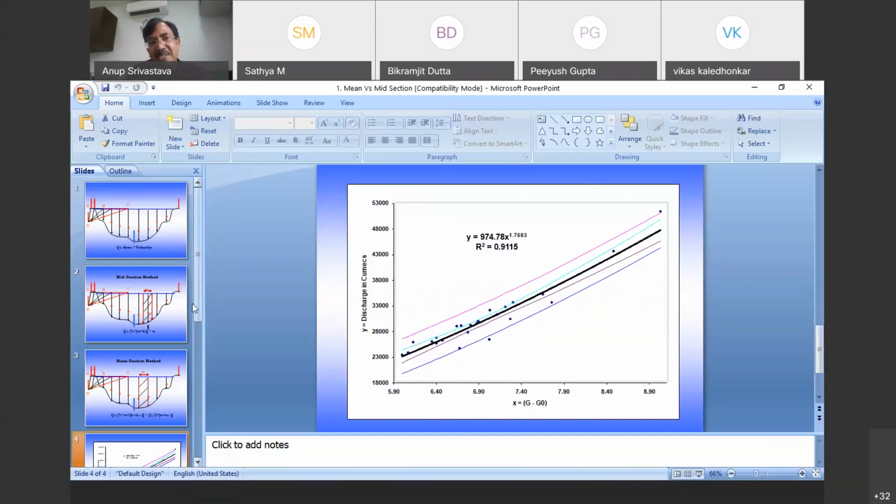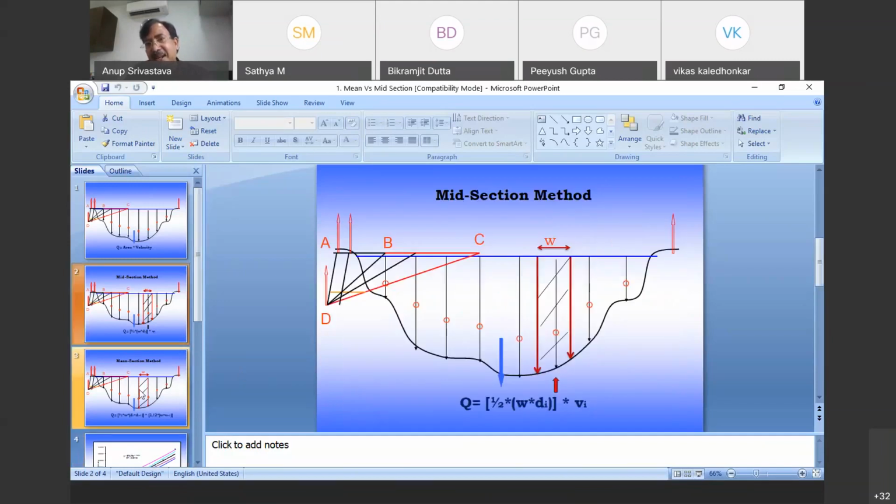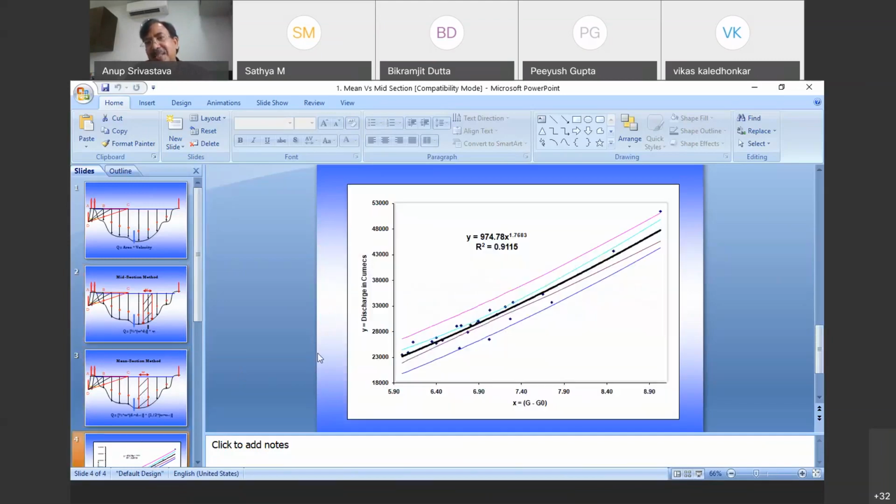So this is how the discharge observation and calculation are made, and what would be its final destination. Final destination of all the raw discharge data is like this. Now, some of you may wish to know how these calculations are done and how these equations are developed.